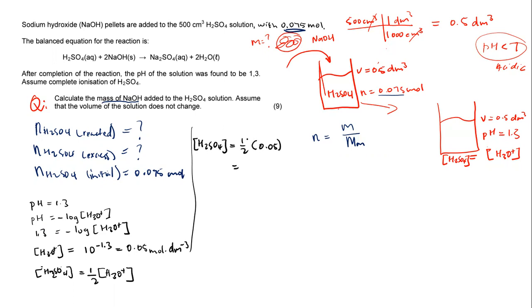When we punch 0.5 multiplied by 0.05 on our calculator, we get 0.025 moles per cubic decimeter. Remember, this is the concentration of H2SO4, so this is the concentration of our sulfuric acid in this solution.